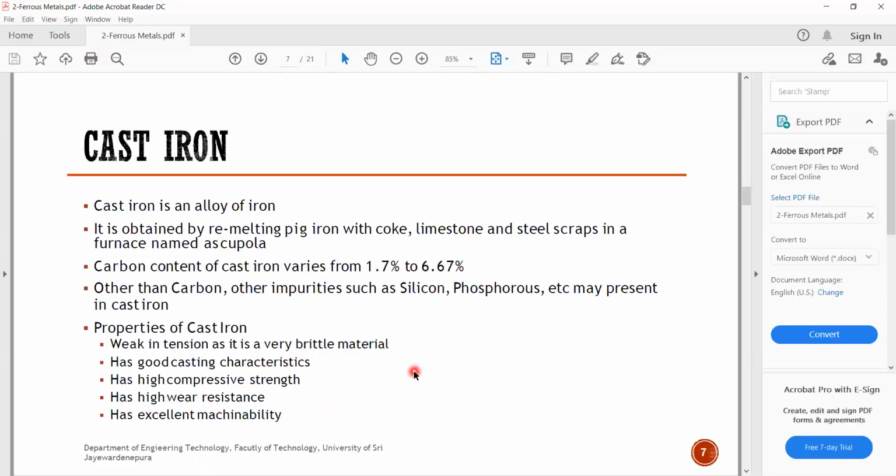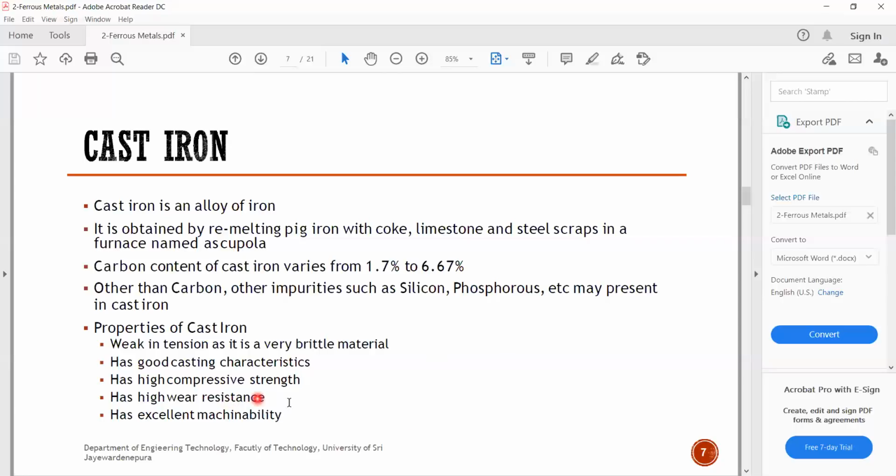These are the five things commonly available. Then according to the metal, if we ask for the properties of cast iron or other iron, you have to write each one, such as low or high weakness in tension. Likewise, so that's easy for your studies, right?